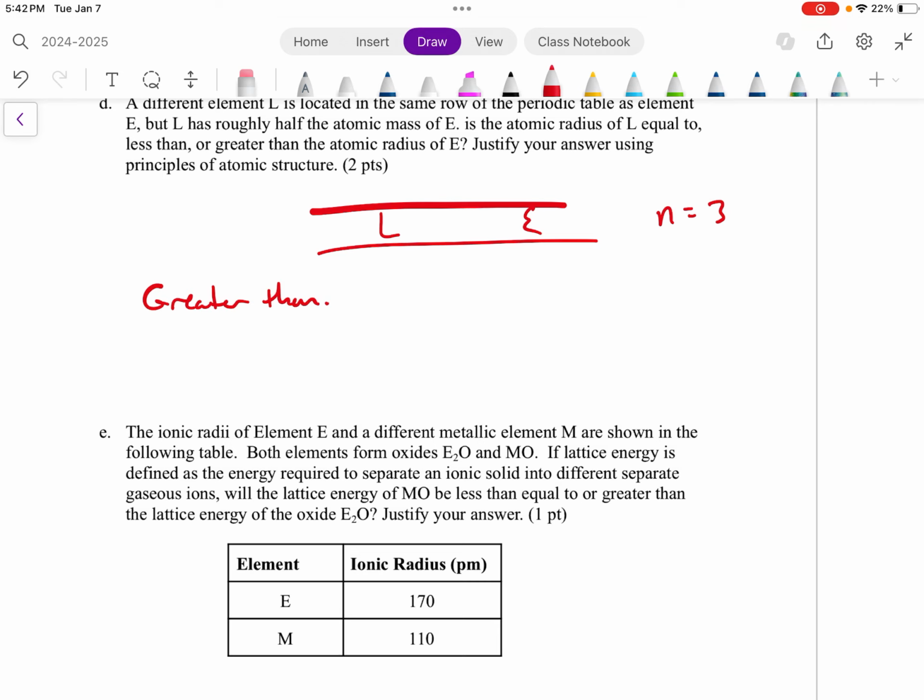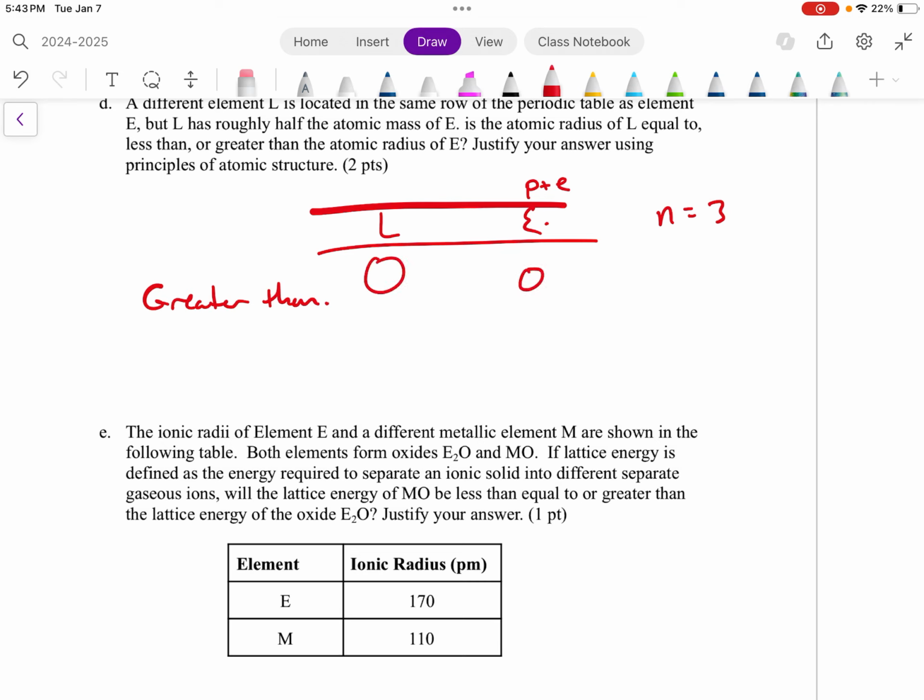Within this, E is bigger. In other words, it has more protons and electrons. More protons are going to attract more. So the nucleus of E is going to suck in the electron shell more and make it smaller.